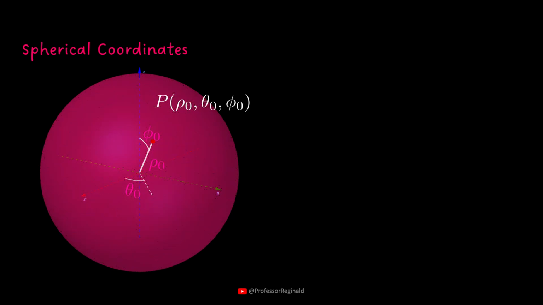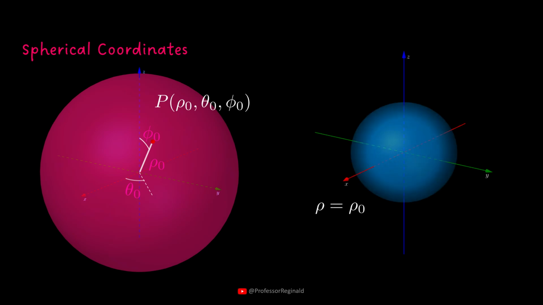So it follows that constant surfaces in spherical coordinates have the following graphs. The graph of ρ equals a constant ρ0 is a sphere centered at the origin, with radius ρ0.